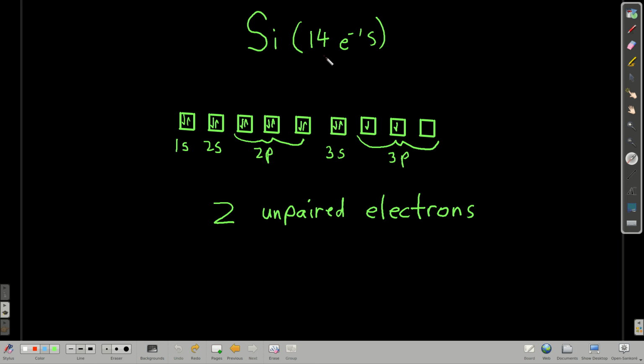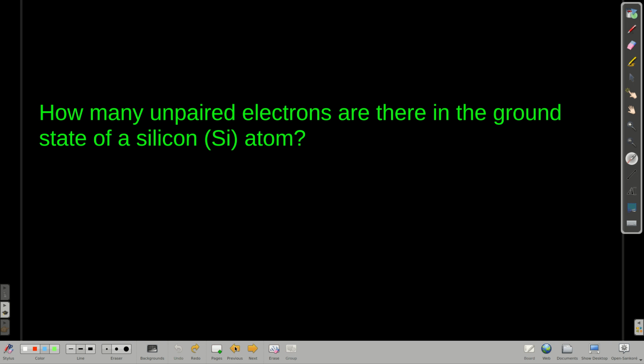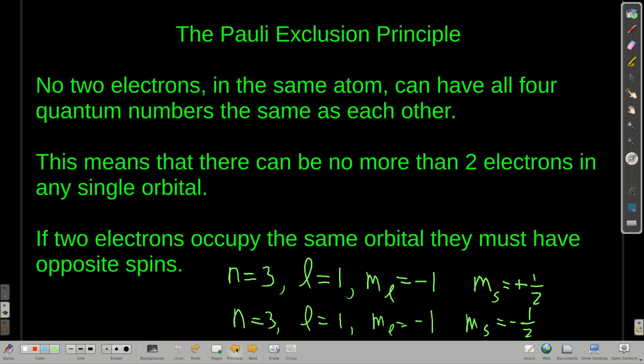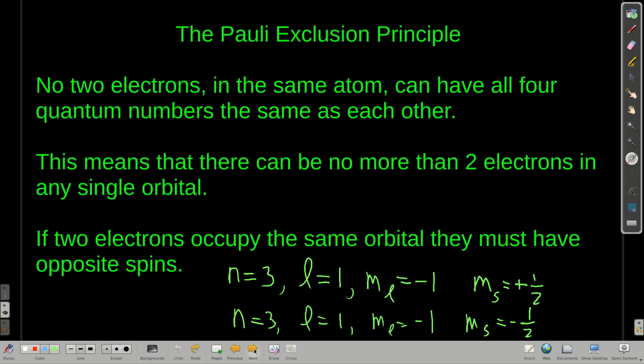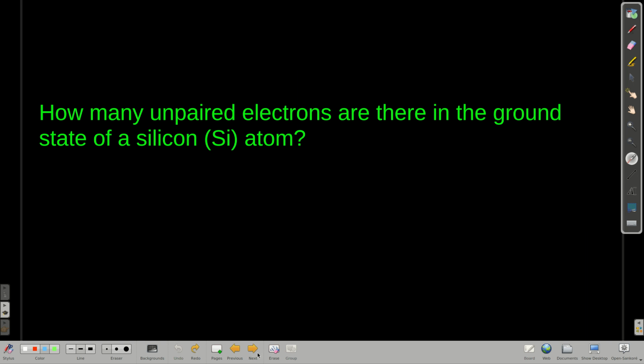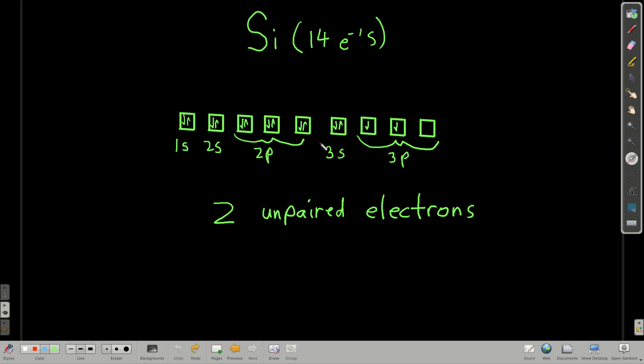So what you do is you just say, okay, silicon has 14 electrons, and the order of the energies of the subshells is 1s is less than 2s, which is less than 2p. Now, it's probably useful for you guys to go back and look at this diagram right here. 1s is less than 2s is less than 2p, less than 3s is less than 3p, is less than 4s is less than 3d, and so on. So 14 electrons, that's the order.